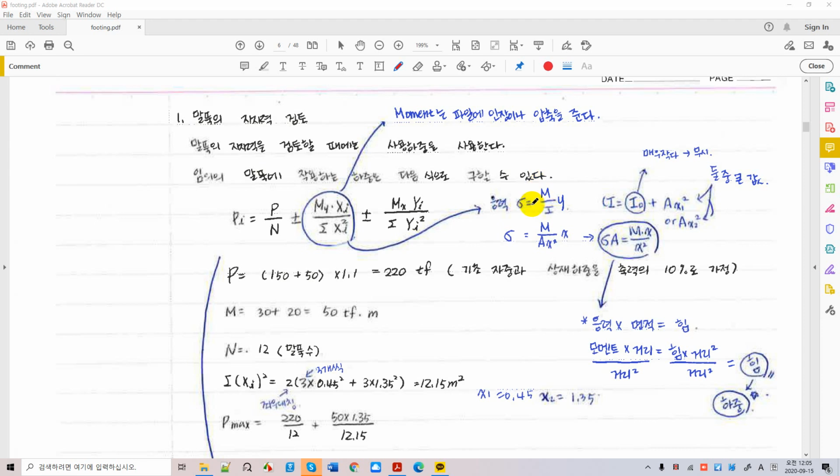Okay, then this term is going to be more simplified when we consider the moments of inertia. As you know, there is the moment of inertia of the column itself, and we have to add the extra terms that we see, the additional moment of inertia when it is transferred to the original center of columns, right?